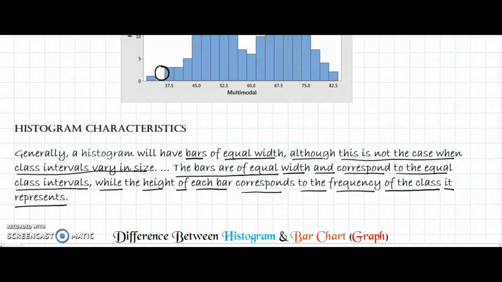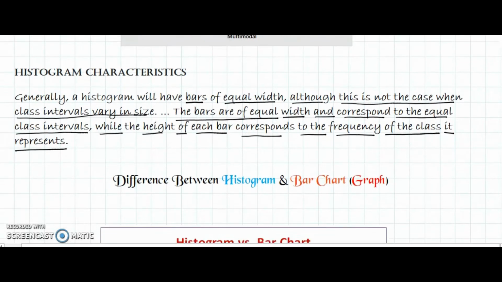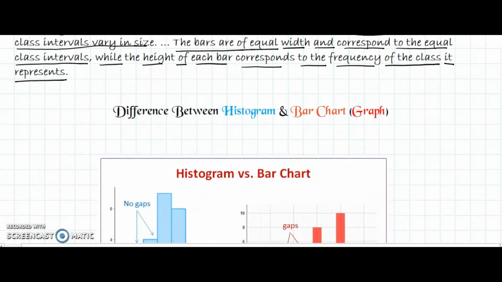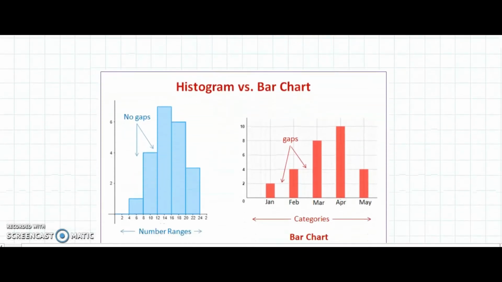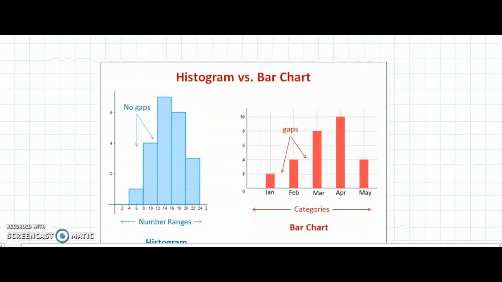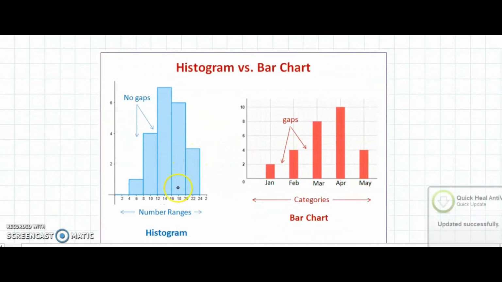We find a little difference between a histogram and the bar chart that I discussed in my previous video. Here is the difference between a histogram and a bar graph. You can see in the histogram, the blue graph, that it does not have any gaps between the two rectangular bars.